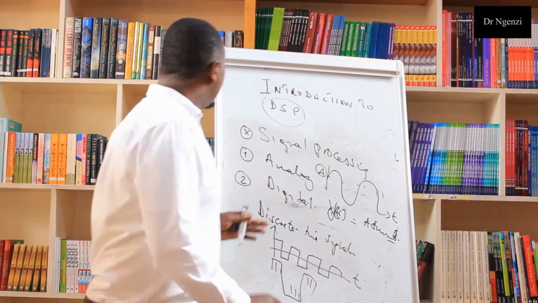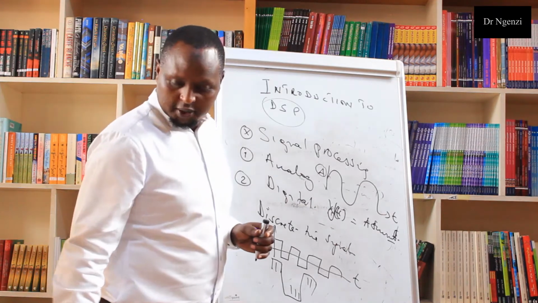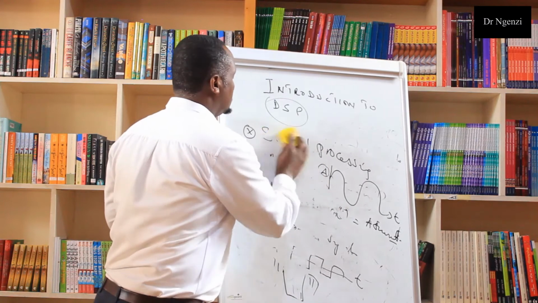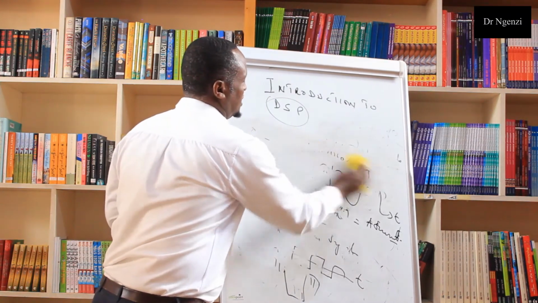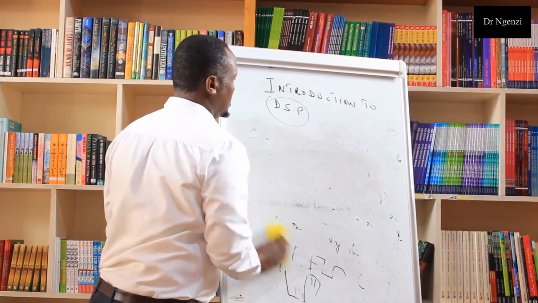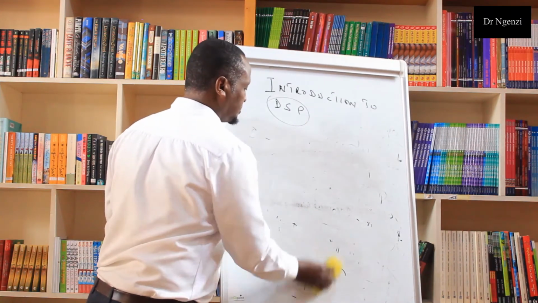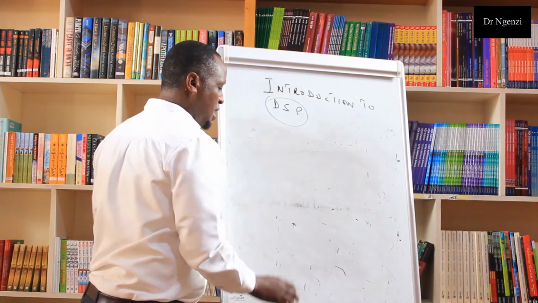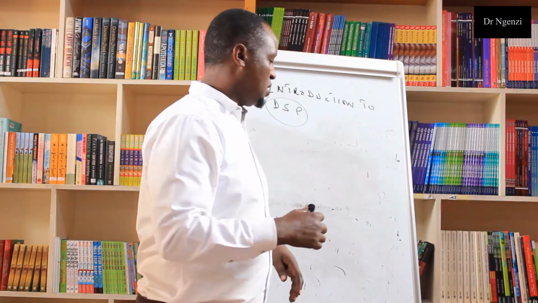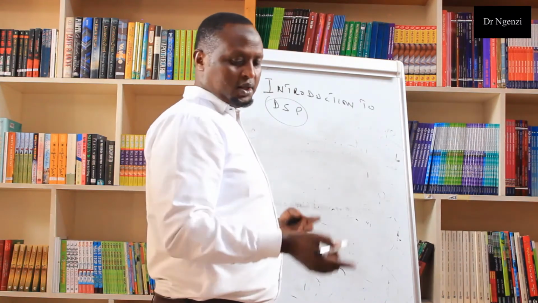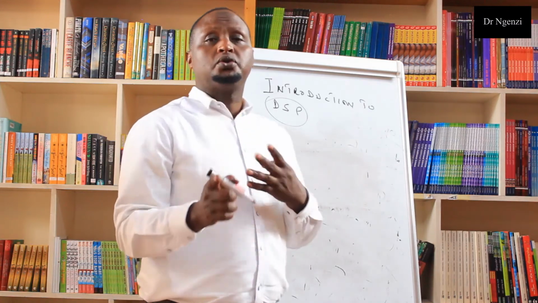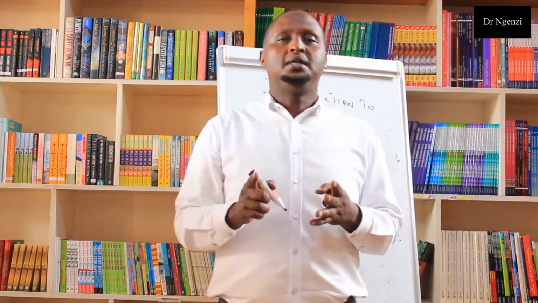So without cutting short our course, we are continuing to explain the introduction to DSP. Having had all this information, we have seen various definitions: the digital, the signal, the processing. But here we are going to talk about where this originated.